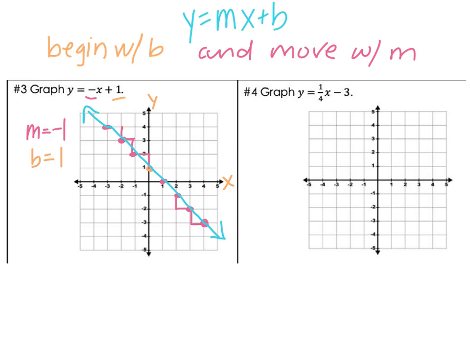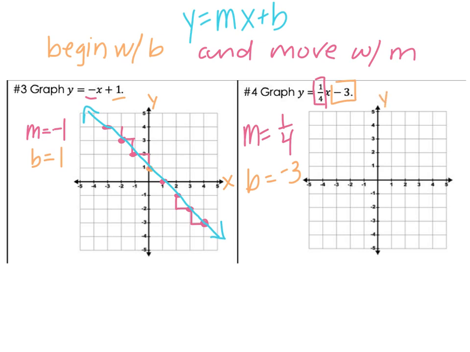Okay, we're going to follow those same steps. Identify your slope and y-intercept. So our slope for this example is 1/4. Our y-intercept is -3. And we're going to begin with b.